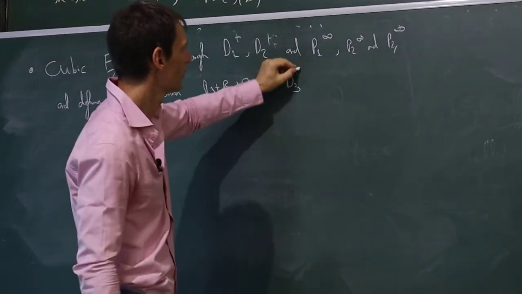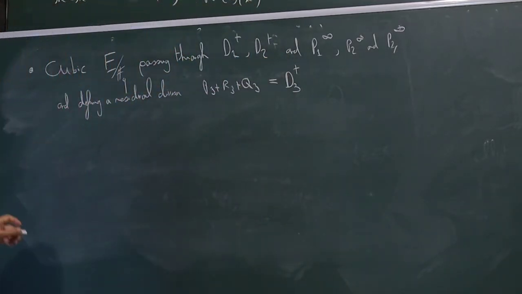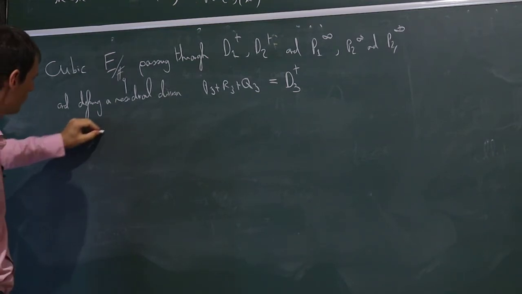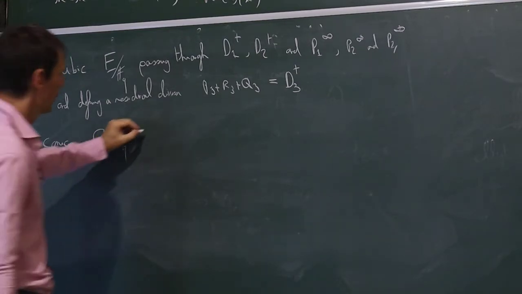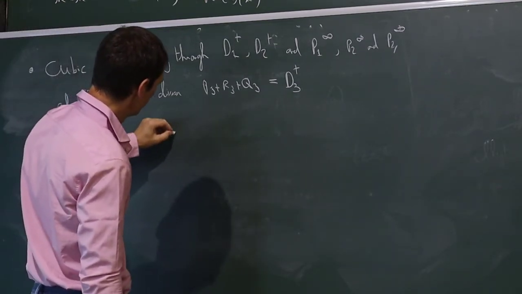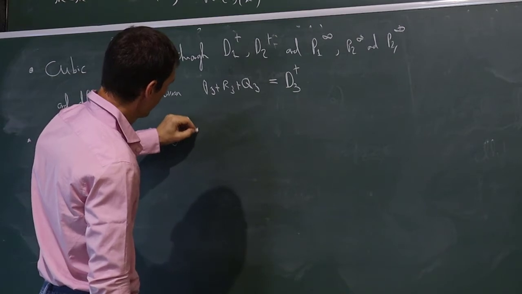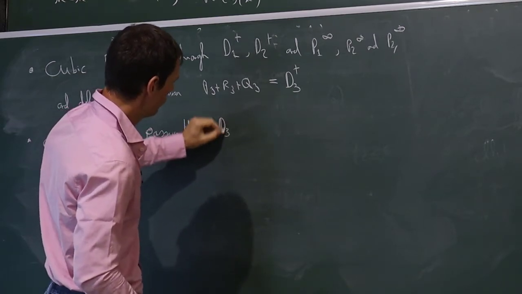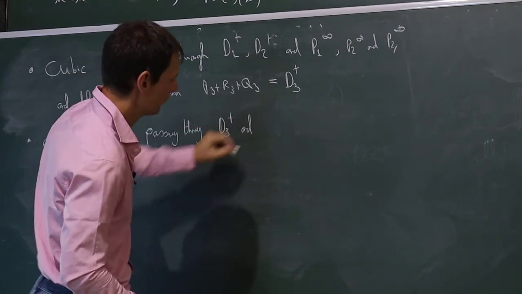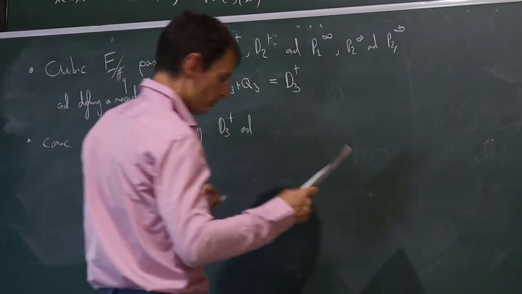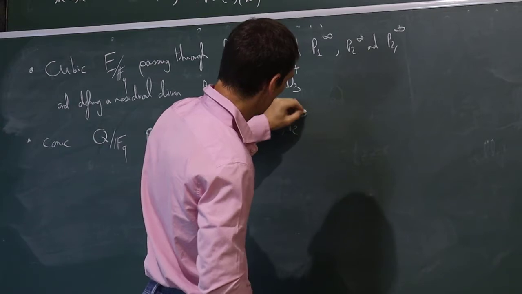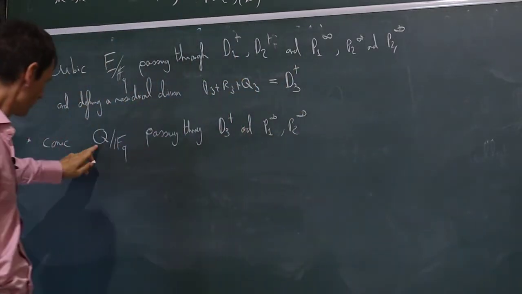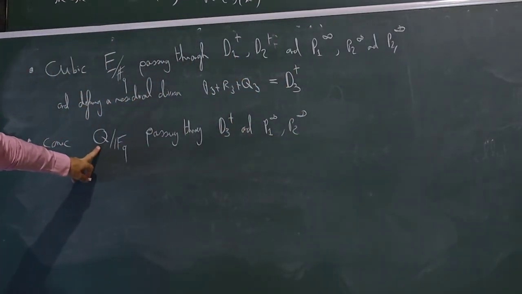D3 plus. Now, second step, a conic. You define a conic Q, which is also going to be over FQ, passing through D3 plus and P1 infinity, P2 infinity. So is this possible? Yes, again, because the conic has 6 coefficients.